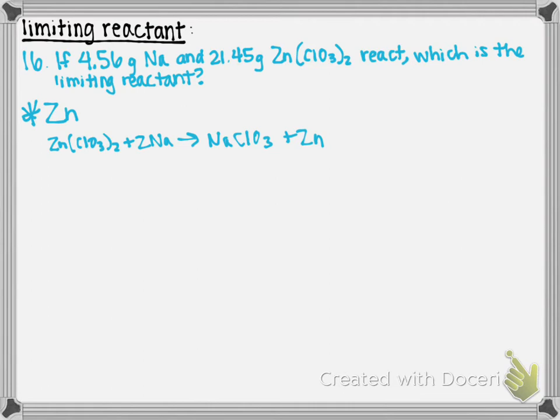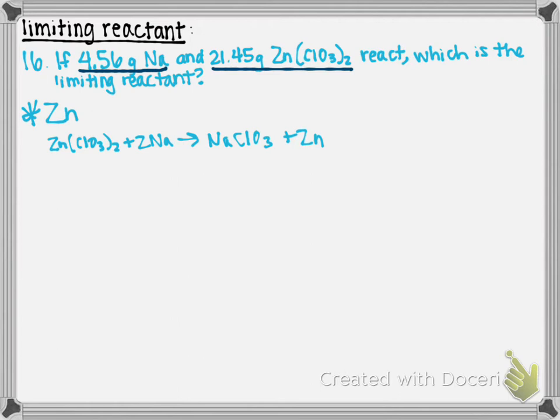With limiting reactant, you need to set up 2 equations and figure out which one produces the smaller amount of product. So you're starting with 4.56 grams of Na for one of your equations, and you're starting with the other reactant for your other equation. Both of them you're going to convert to grams of zinc.